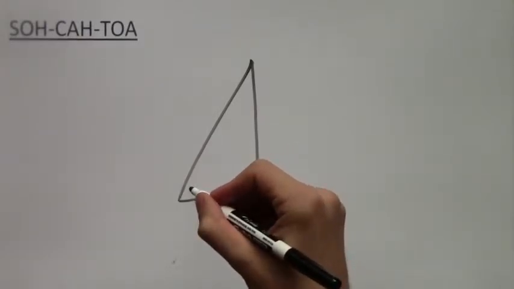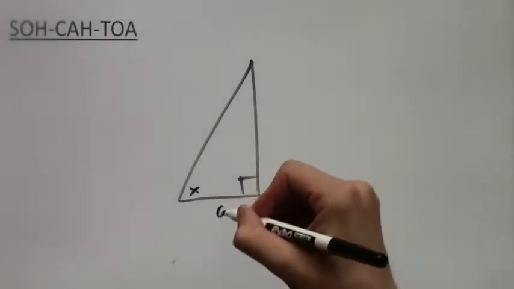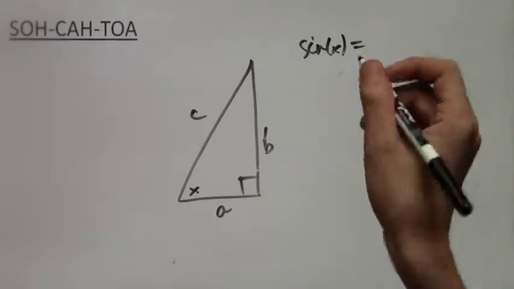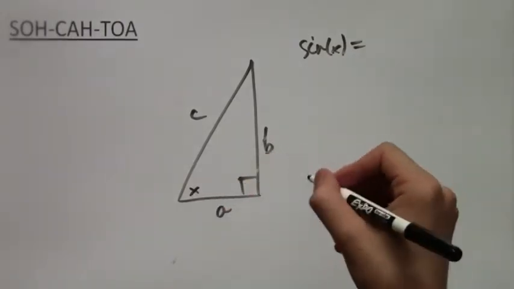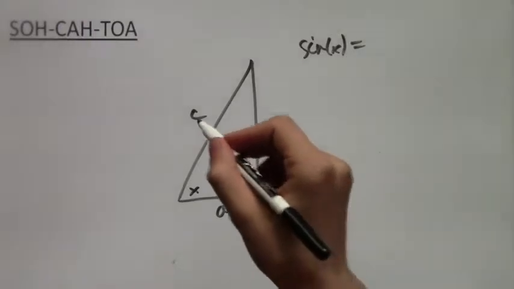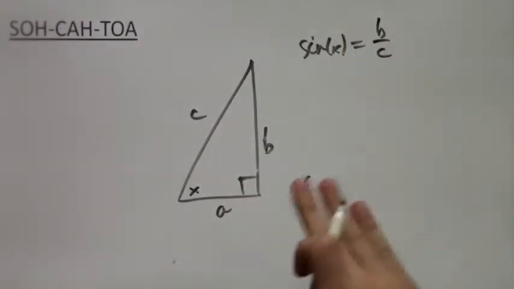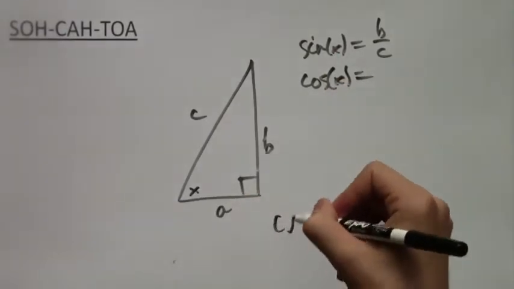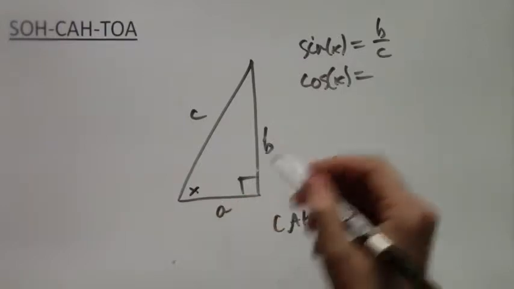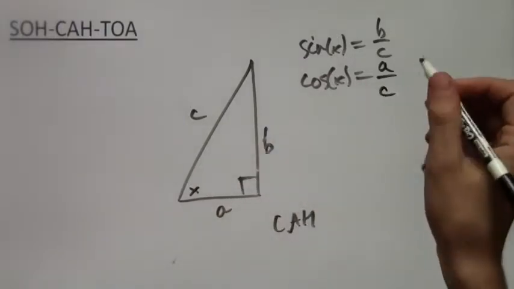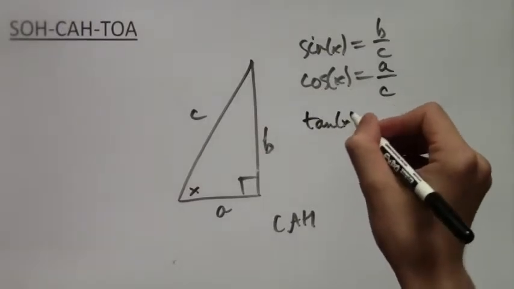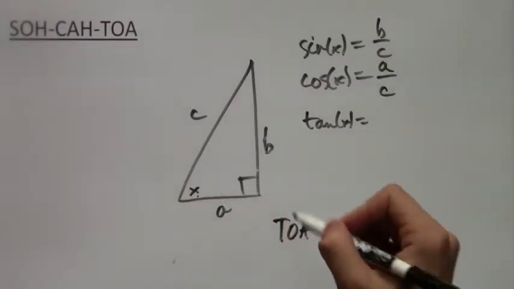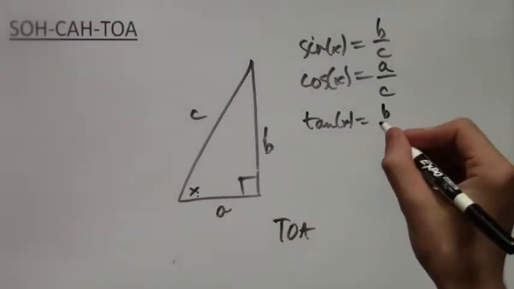So let's say we have angle X, then we have legs A and B, and hypotenuse C. Then sine of X, the angle, equals the opposite side from X, which is B. And remember, it's SO, so the opposite over hypotenuse, and the opposite is B, and the hypotenuse is C, so B over C. Cosine is adjacent over hypotenuse, and the adjacent is A, so it's A over C. And tangent of X is equal to TOA, opposite over adjacent. The opposite's B again, the adjacent's A again, we have B over A.